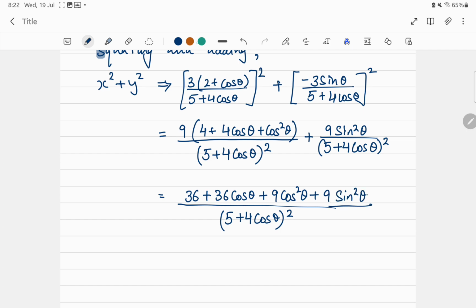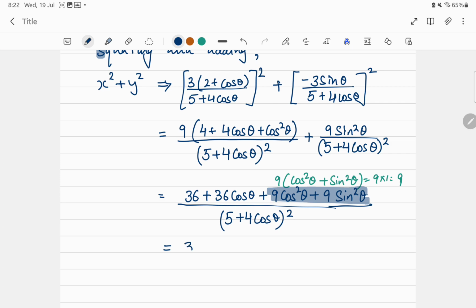Right, again, if here I take 9 common, I will have 9(cos² θ + sin² θ), right? And this is equal to 1, so it's going to become 9 times 1 is equal to 9. So we can substitute that in place of this. So let's do that now.